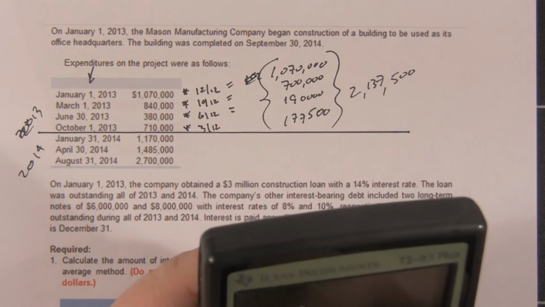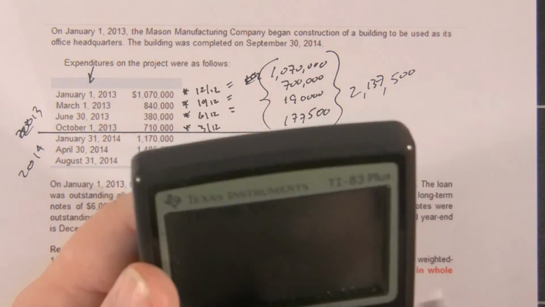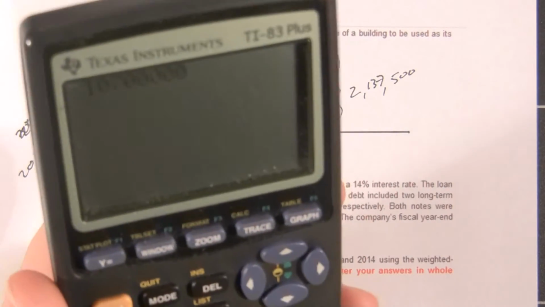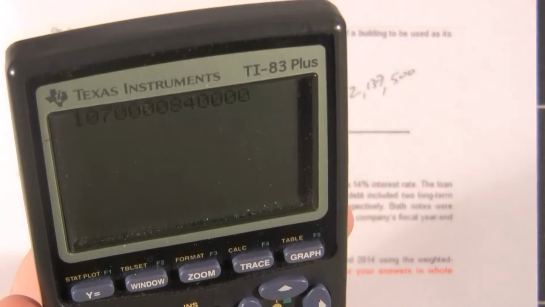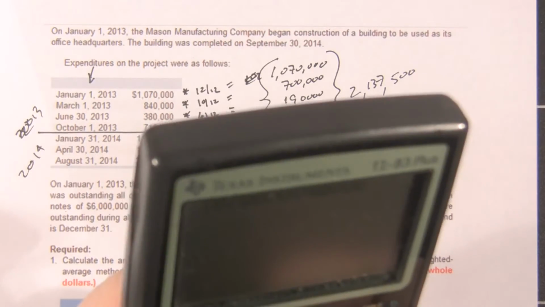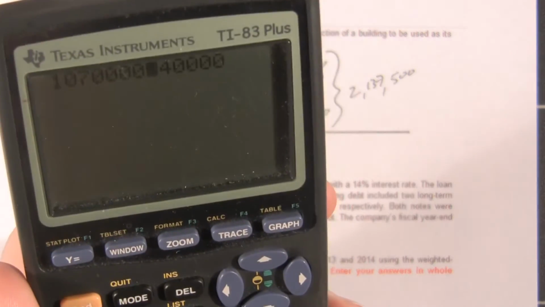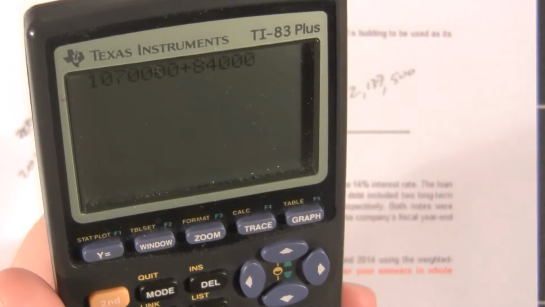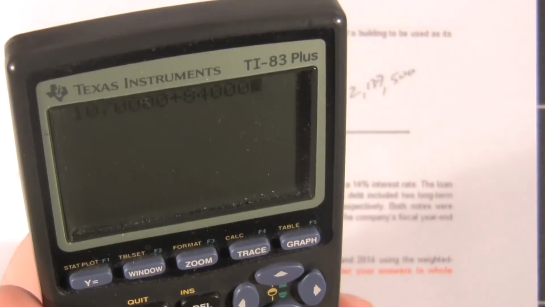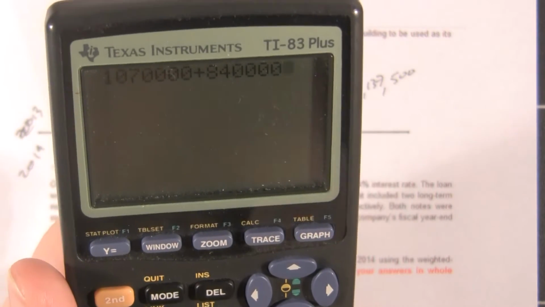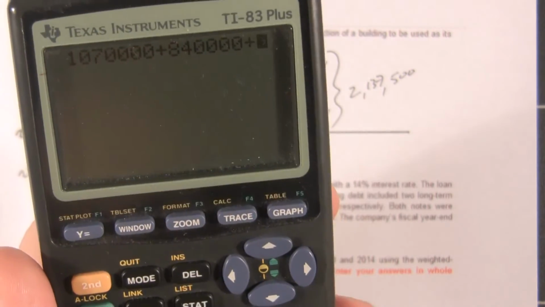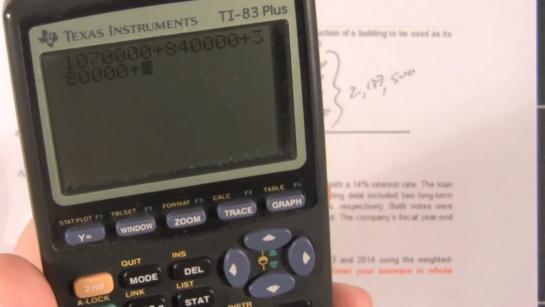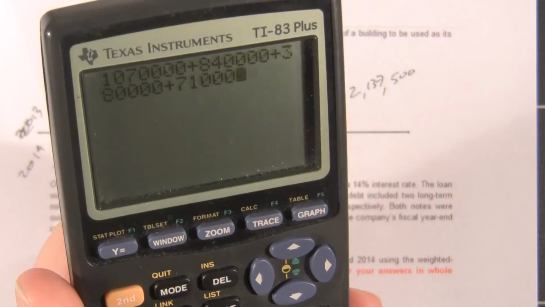Too many zeros. 1,070,000 and 840,000 plus 380,000 plus 710,000.